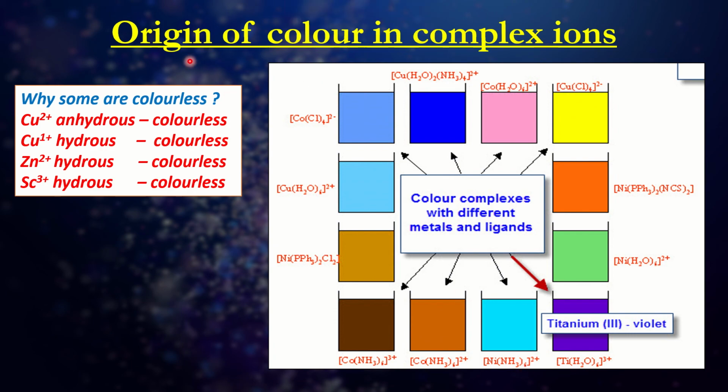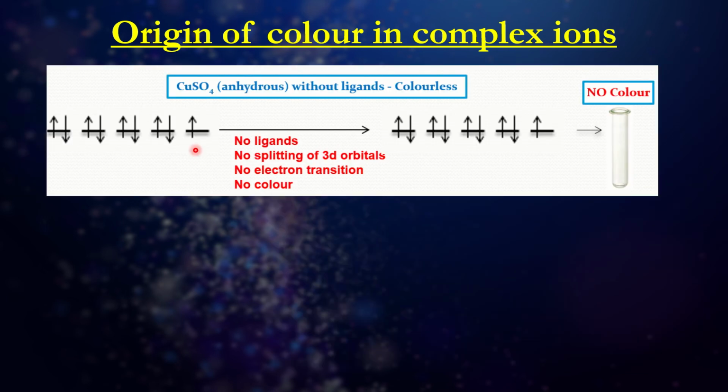So what about the origins of the colors? How can we get all these distinct colors, and why would some be colorless? When it comes to working out the colors of complex ions, it comes down to a couple of things.